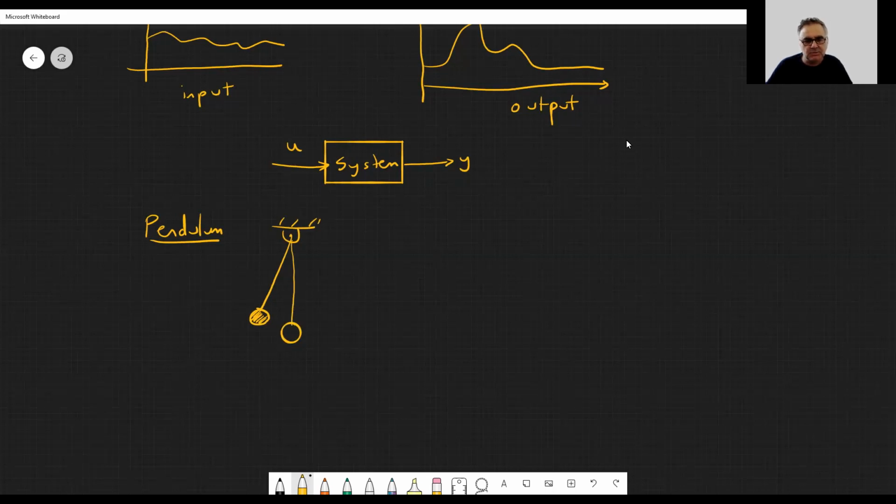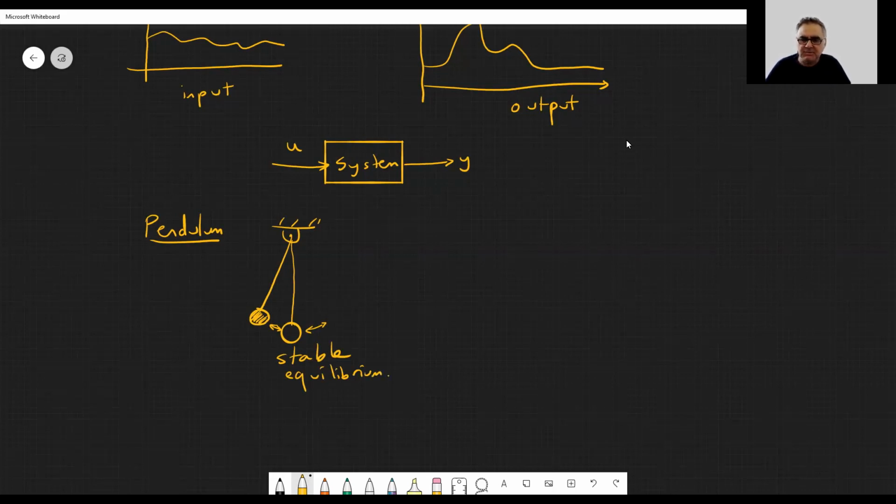So it might oscillate a little bit like this, but eventually it settles down. So this is a stable equilibrium of a pendulum. It is a stable equilibrium point.